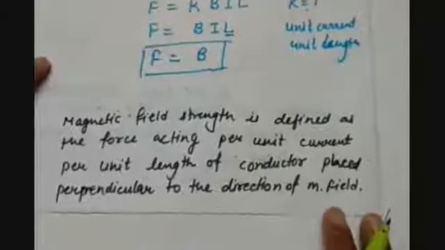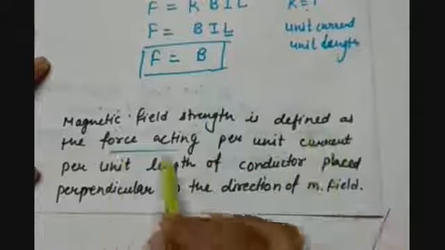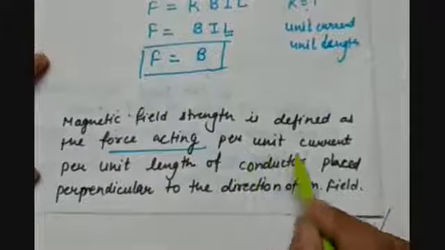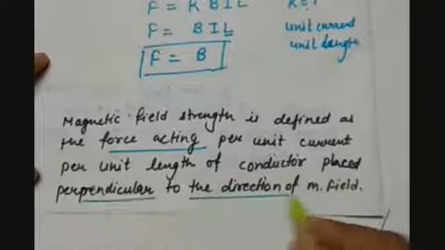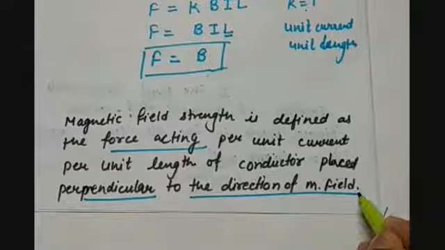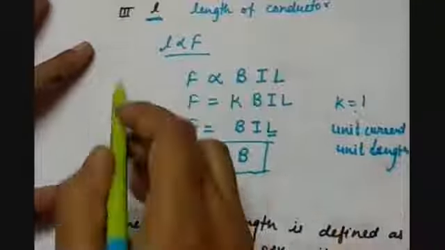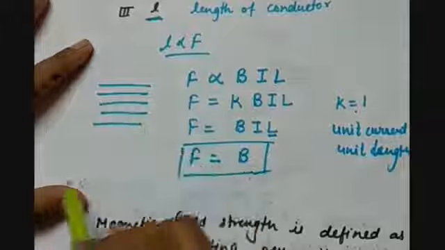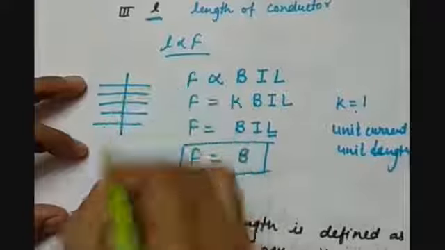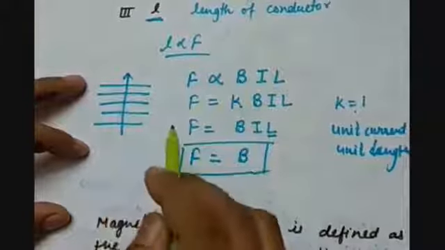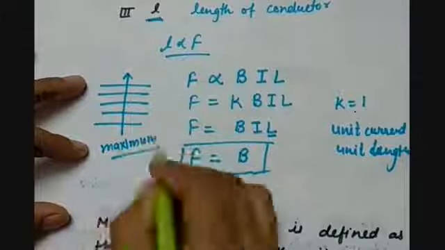So we can say that magnetic field strength is defined as the force acting per unit current per unit length of the conductor placed perpendicular to the direction of the magnetic field, because we have seen that this is the angle which matters. When the conductor is placed perpendicular to the direction of the magnetic field, only then is the maximum force or maximum motion obtained.